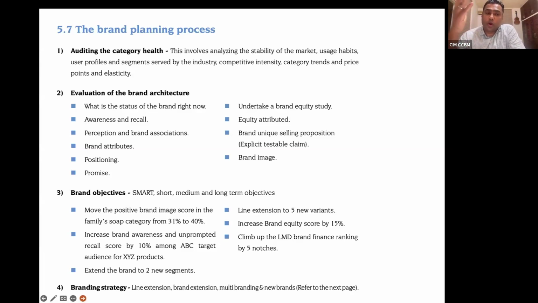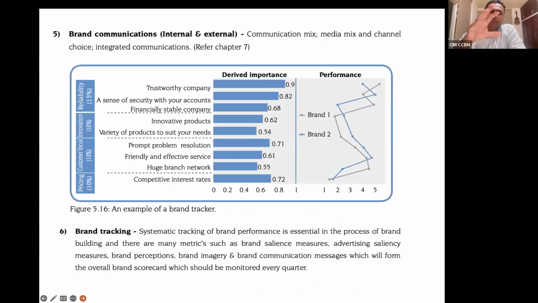Brand objectives, usually about 5 to 6 SMART brand objectives. And then we go into branding strategies, which we will look at in the last assessment criteria in chapter 3.